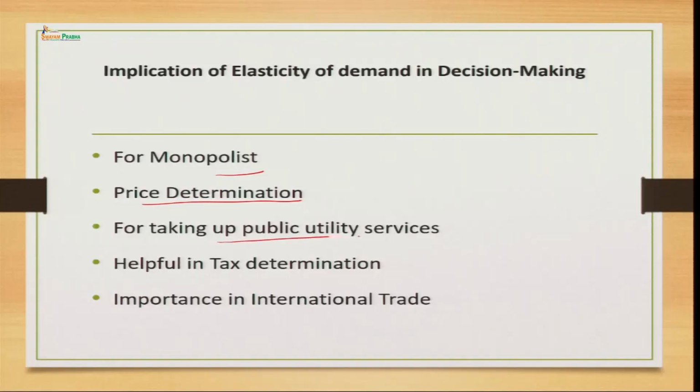Then for taking up public utility services, right? Public utility services are those services which are demanded by the public, like railways, like water, like telephone services, transport facilities. These are some public utility services, and public utility services are of inelastic nature.